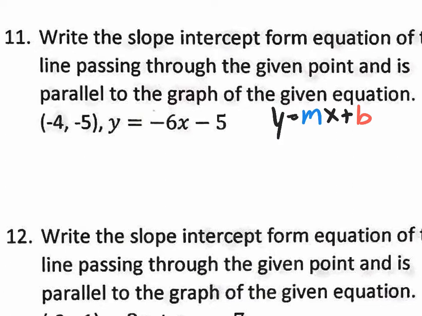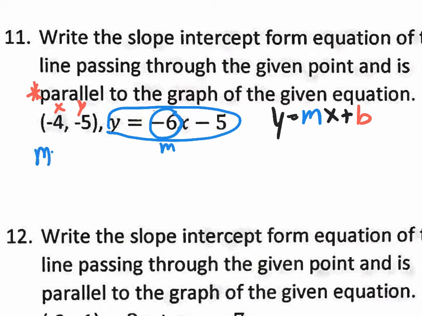And they do give us an x value and a y value, and they also give us this equation. Now they're telling us that our equation is going to be parallel, which means same slope. So we could clearly see the slope of this equation, which is -6. So that means that our slope, because it's parallel, will also be -6.